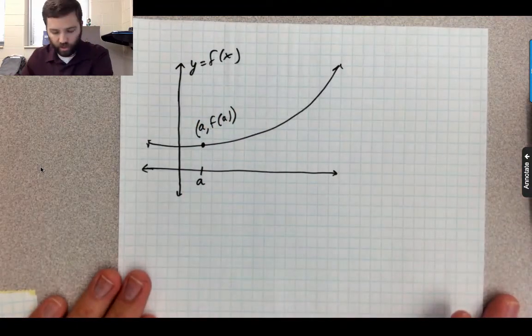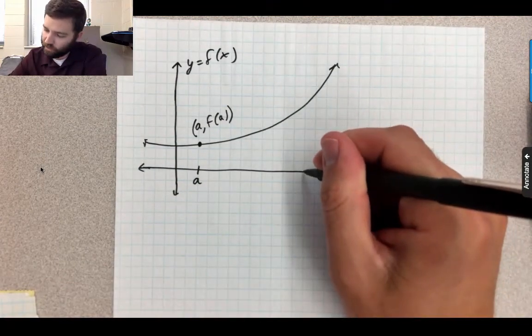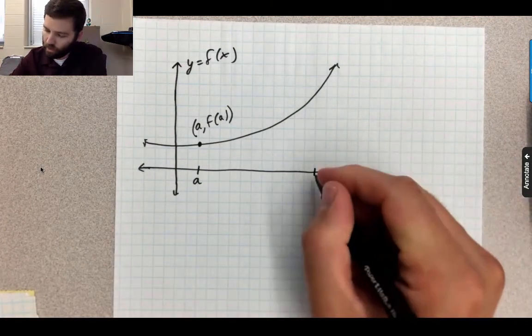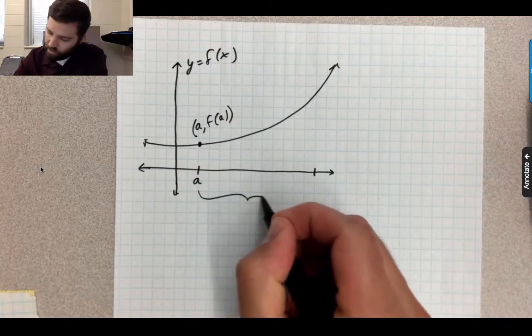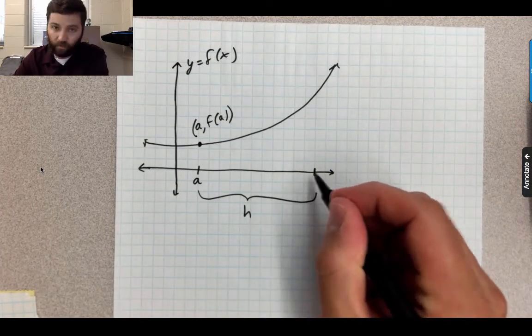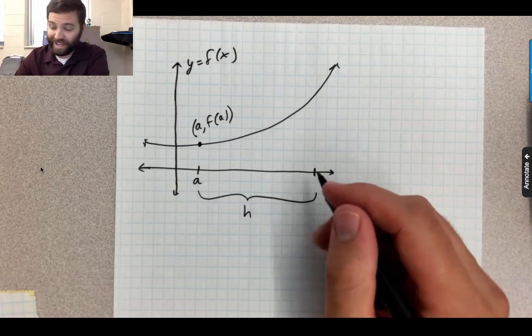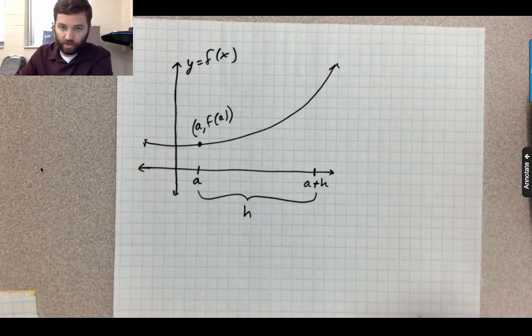Again, some arbitrary point. And then some point further down the x-axis. And that distance down, we're going to call h. So this distance here is h. And this x value then will be a plus h.